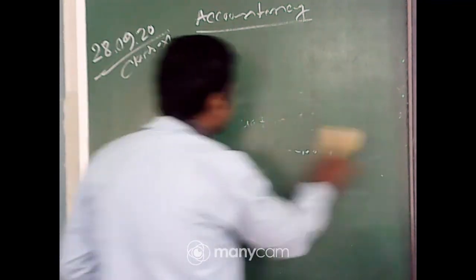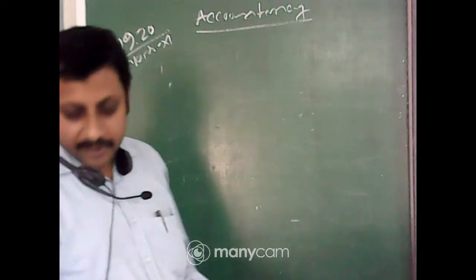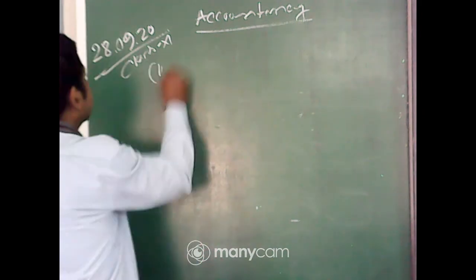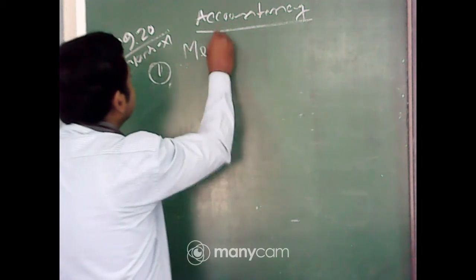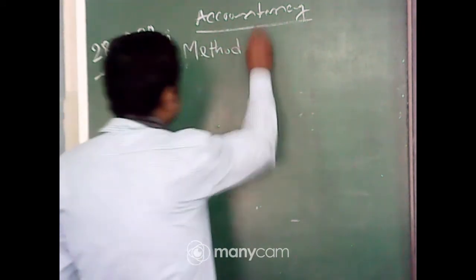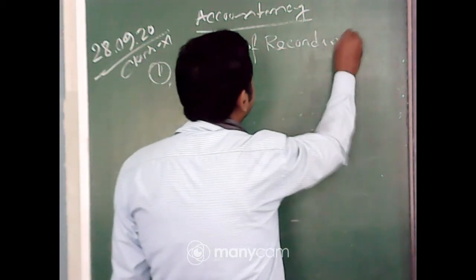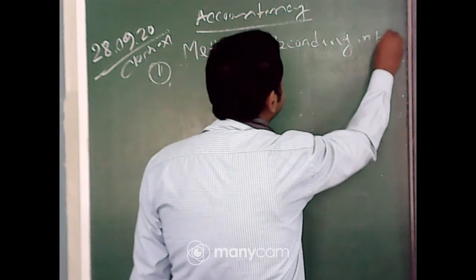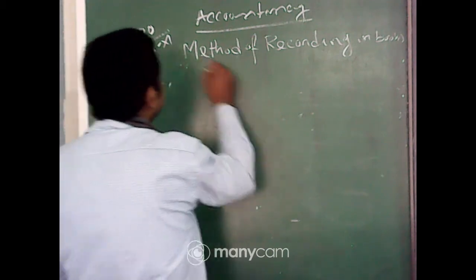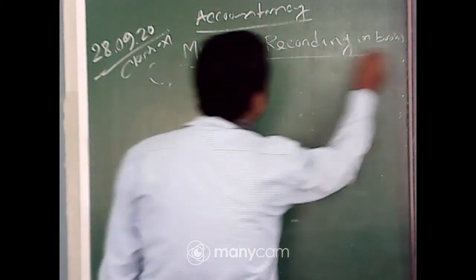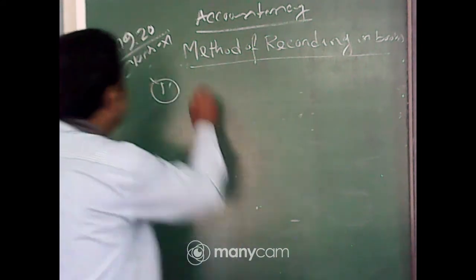The method of recording in books. Number one method is charging depreciation in asset account.